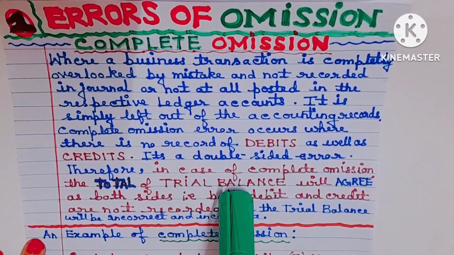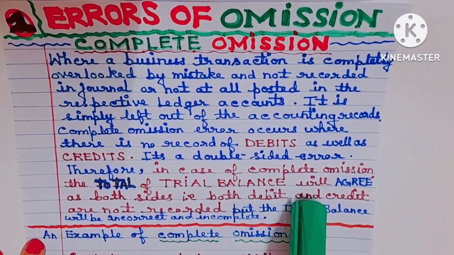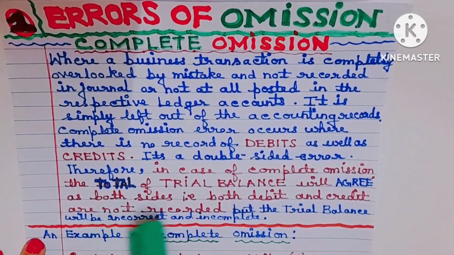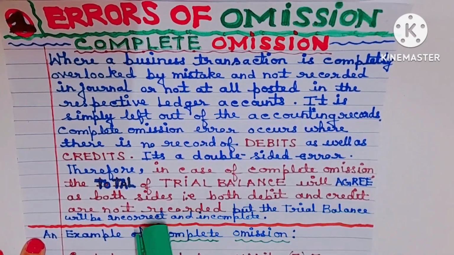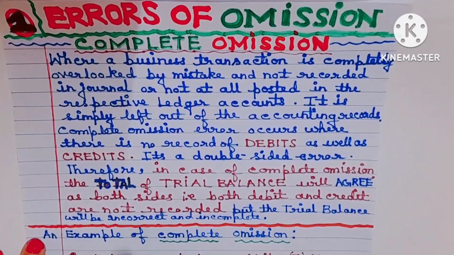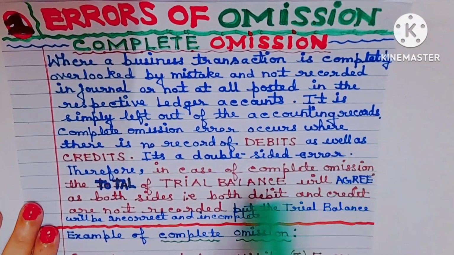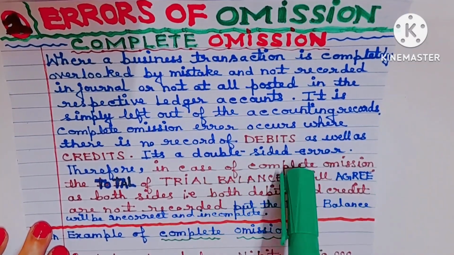Therefore, in case of complete omission, the total of trial balance will agree as both sides, that is, both debit and credit side are not recorded. But the trial balance will be incorrect and incomplete. Please remember, if both sides are not recorded, obviously trial balance will agree.